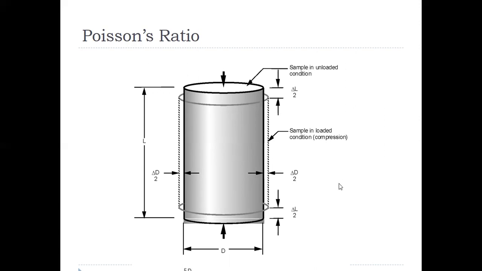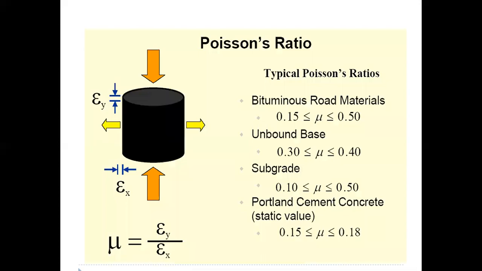So what is the Poisson ratio? It is the ratio of the change in Y direction to the resulting change in the X direction. Remember, this has taken place because the material is being compressed in the Y direction, and as a result, there will be a deformation, or a change in length, in the X direction as a result of applying loading in the Y direction.